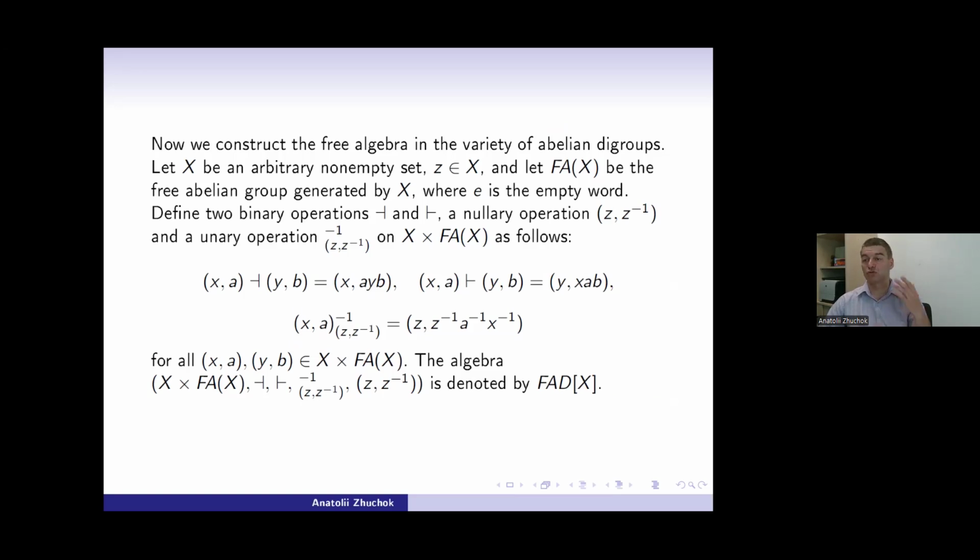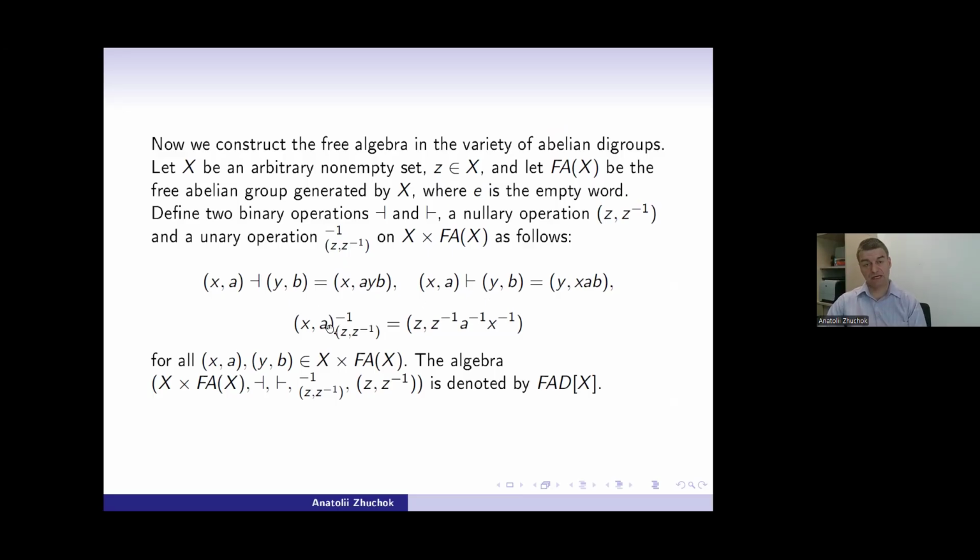So we will use a nullary operation and binary operations. Here is the construction: we define two binary operations, a nullary operation, and a unary operation in this way. The binary operations are defined in the same way as before.